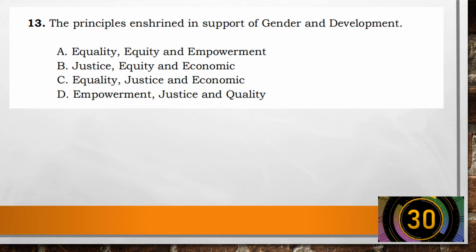Number 13, the principle enshrined in support of gender and development. Letter A, equality, equity, and empowerment. Letter B, justice, equity, and economic. Letter C, equality, justice, and economic. Letter D, empowerment, justice, and equality. Your time starts now.